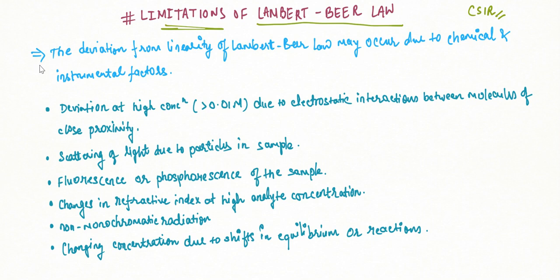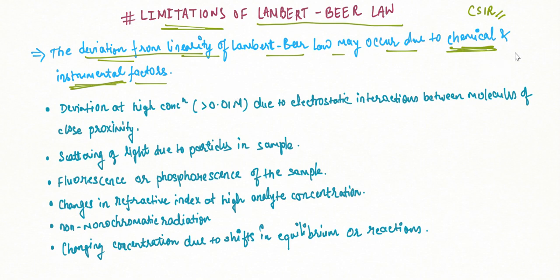The deviation from linearity of Lambert Beer law may occur due to chemical and instrumental factors. So these are the things that we have to remember. It may be because of the chemical as well as the instrumental factors. And deviation from linearity, what do we mean by deviation from linearity?